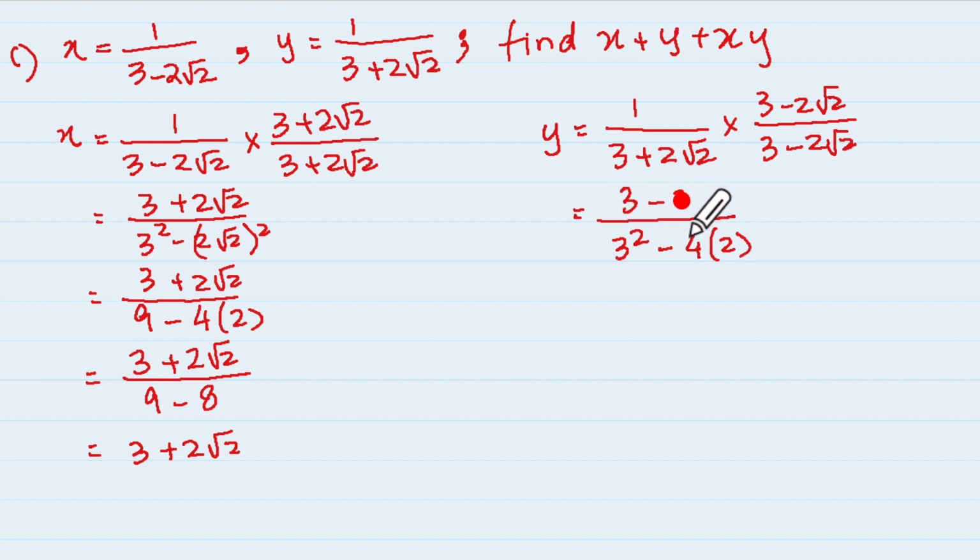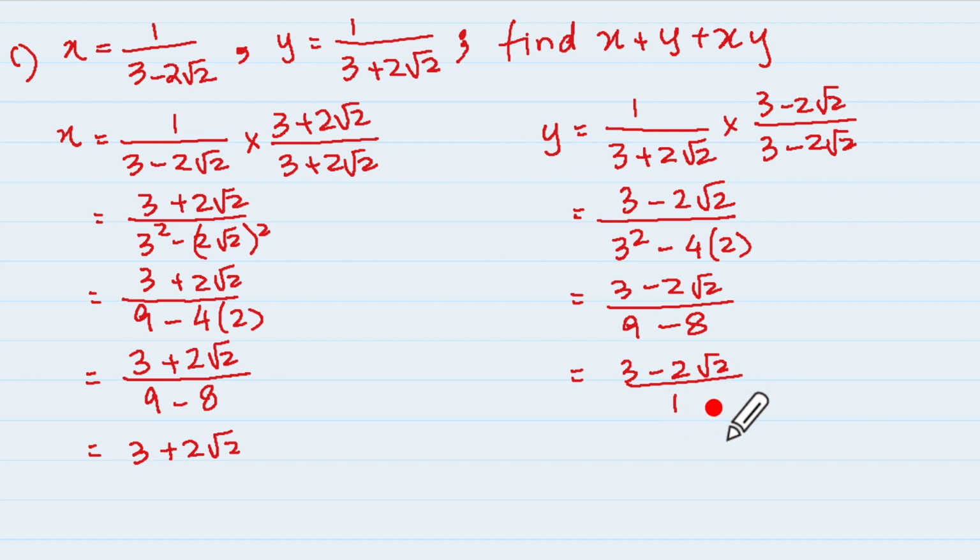Numerator is going to be 3 minus 2 root 2. So that gives us 3 minus 2 root 2 upon 1, which is 3 minus 2 root 2.